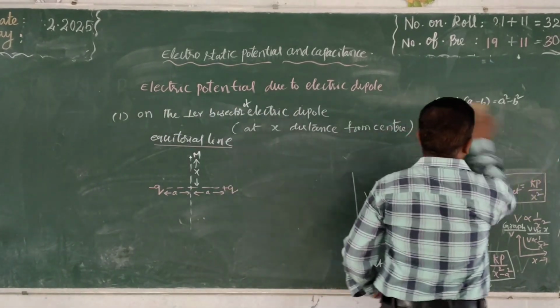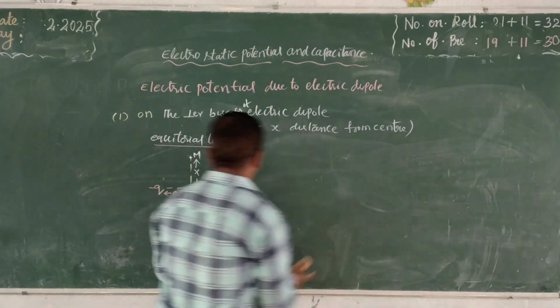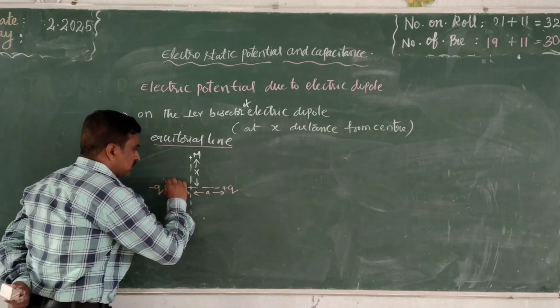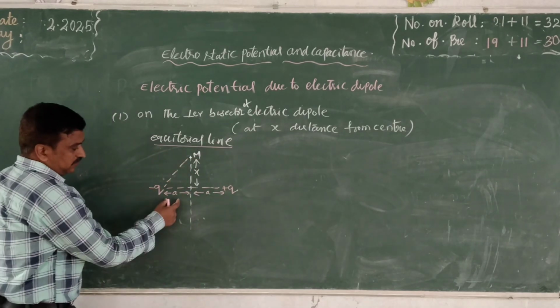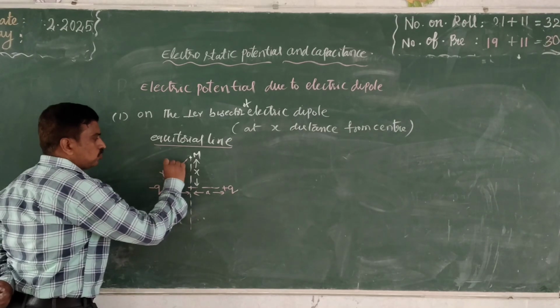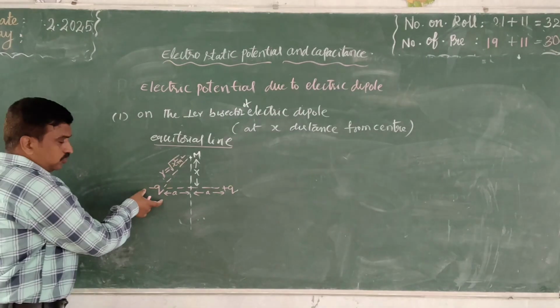Now see here, due to this charge, what is the potential at point m? This distance is a, this is x. This distance we can take as small r, which is the root of x square plus a square. So V1 equals minus kq by root of x square plus a square.